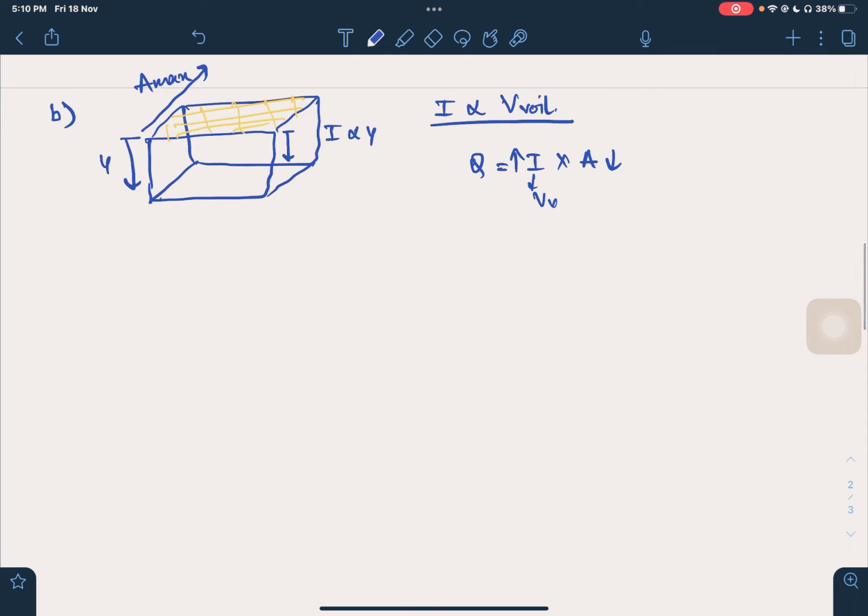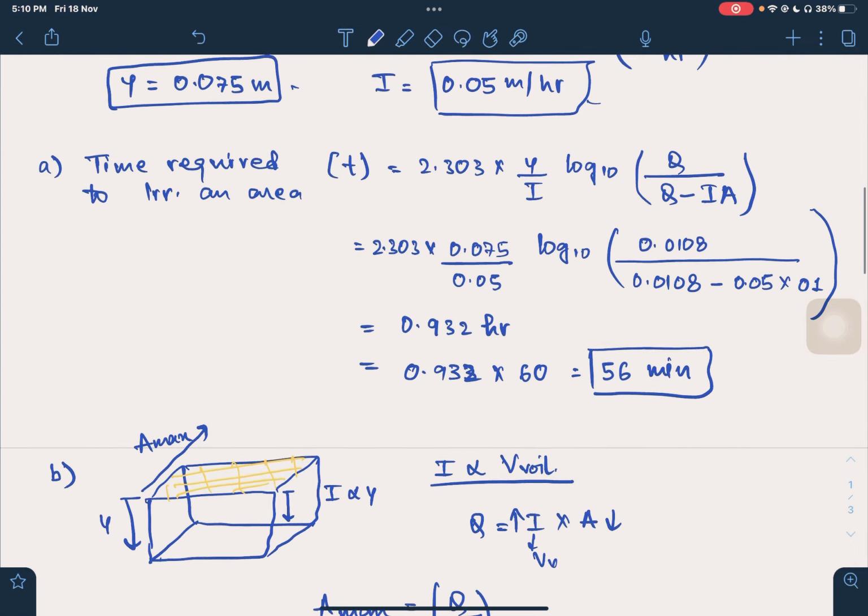So in order to find A max, we calculate it as Q upon I. Now we have got all the values up here.